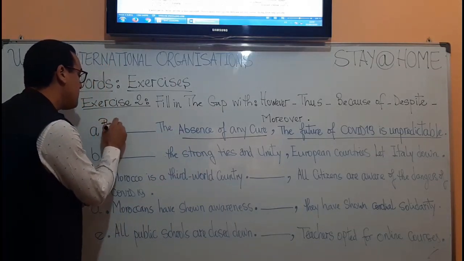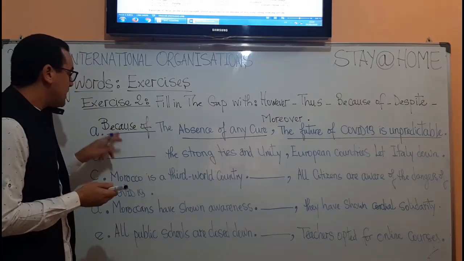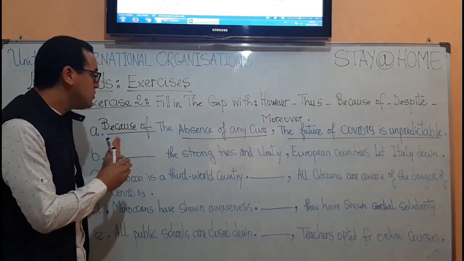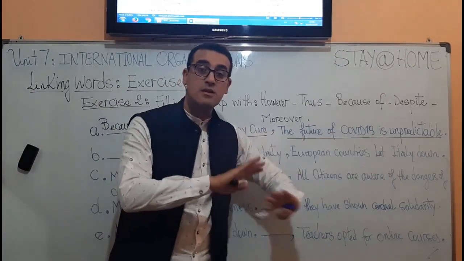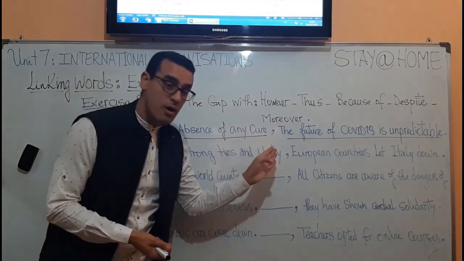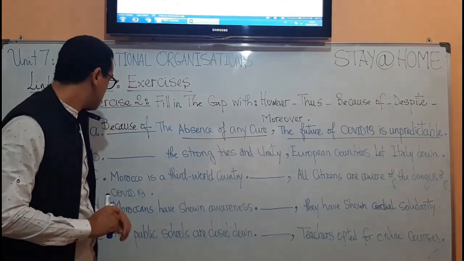We have "because of" the absence. It's the same as "due to." Due to the absence of any cure, the future of COVID-19 is unpredictable. Because of the absence of any cure, the future of COVID-19 is unpredictable.